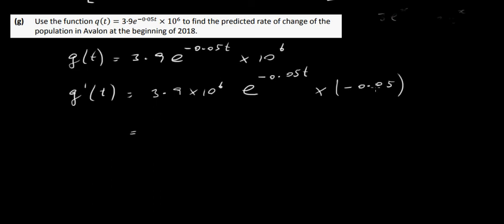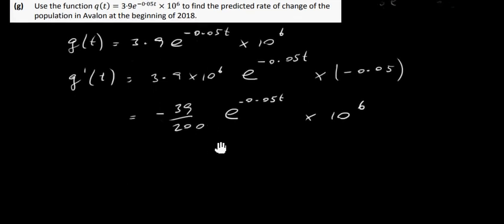I'm going to multiply minus 0.05 by 3.9 and I get minus 39 over 200, e to the power of minus 0.05t, by 10 to the power of 6. So that's the rate of change of the population in Avalon at any time t.